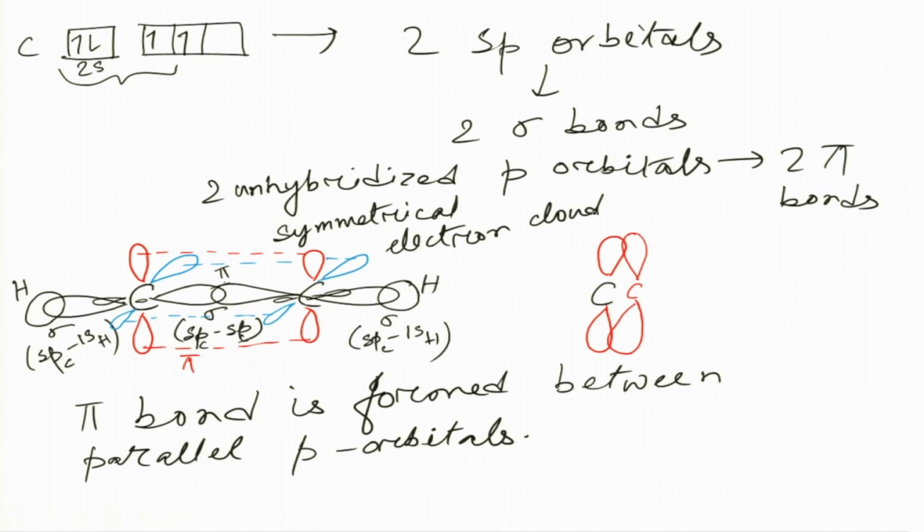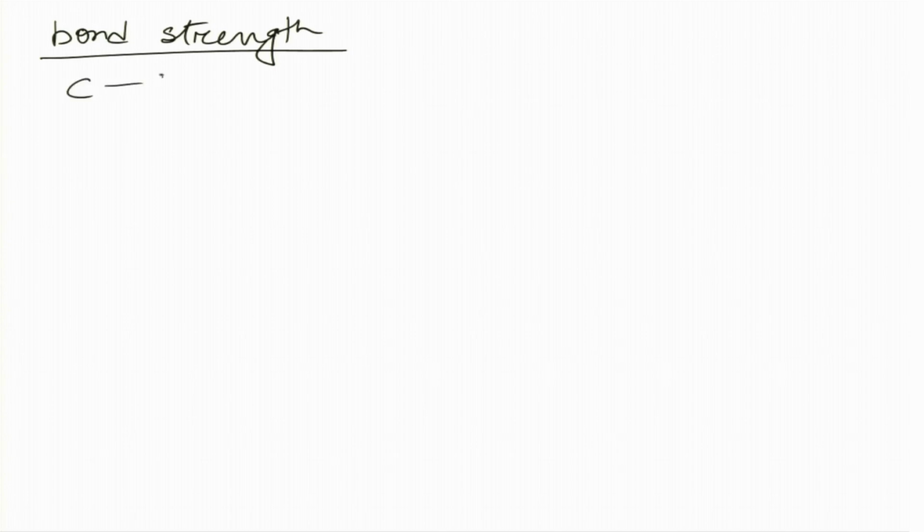Now, let us see a comparison between the bond strength, bond length and bond angles of alkanes, alkenes and alkynes. So, let us talk about bond strength. C single bond C has a bond strength of 348 kilojoule per mole.